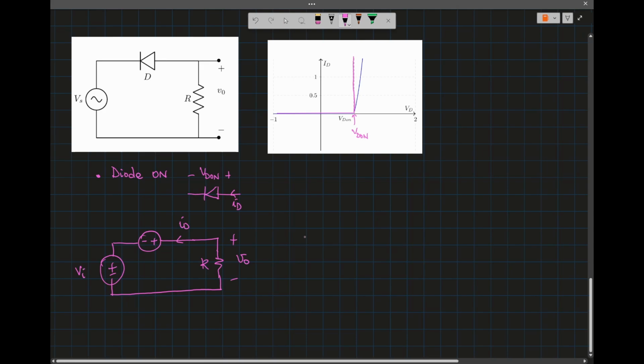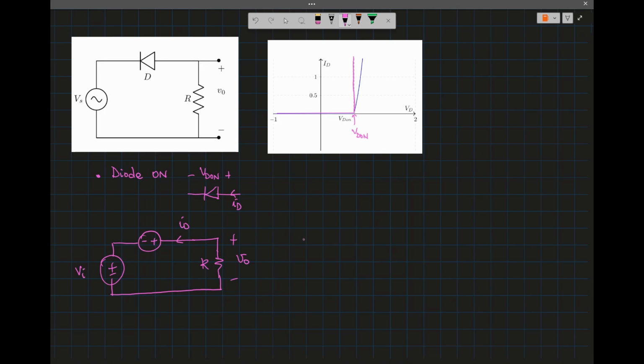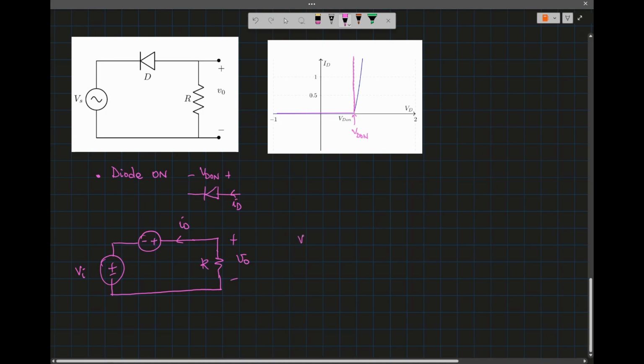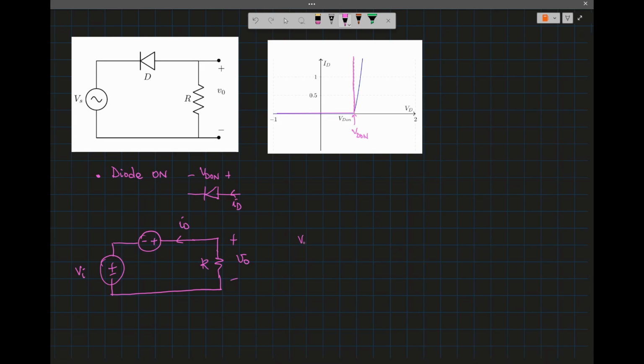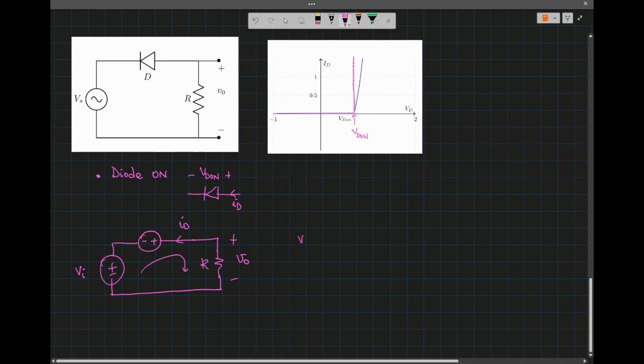So let's still write a KVL. To be consistent, I'll go around the loop like this still. So minus VI minus VD on. This is VD on.